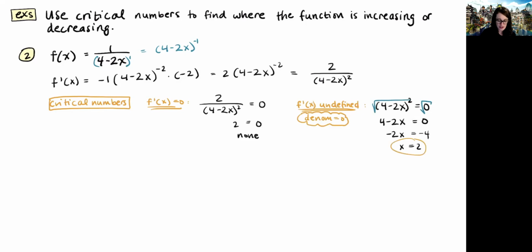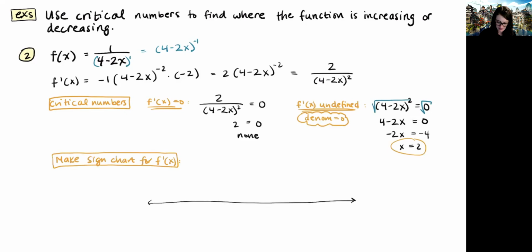All right, so now what we do with that critical number is we want to make a sign chart for the derivative. So a sign chart for f prime of x. Okay, this is again like a fancy number line. So we're going to draw not a super tiny one, but it doesn't have to be massive either.